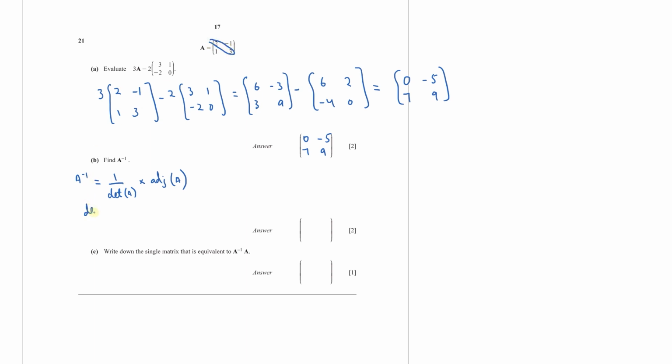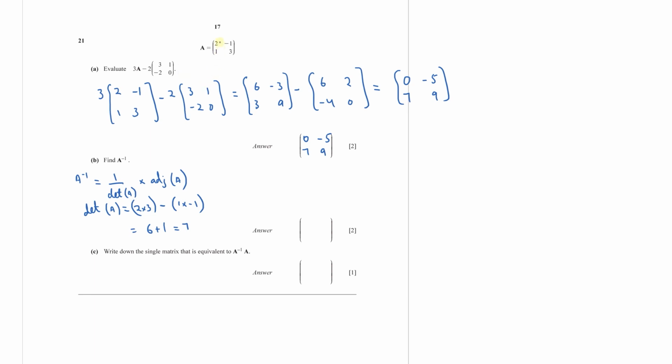So determinant of A would be 2 times 3, and then minus you multiply these two. So minus 1 times minus 1. So this is 6 minus 1, and then minus minus becomes plus. 6 plus 1, 7. And then adjoint of A is, let me erase the lines that I drew here.